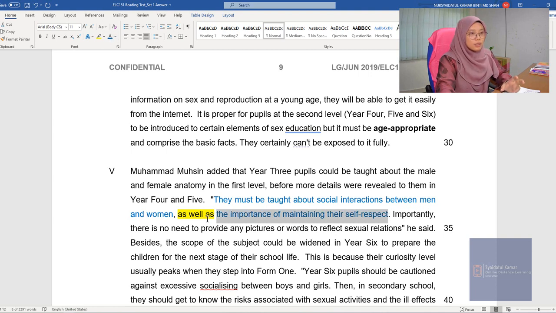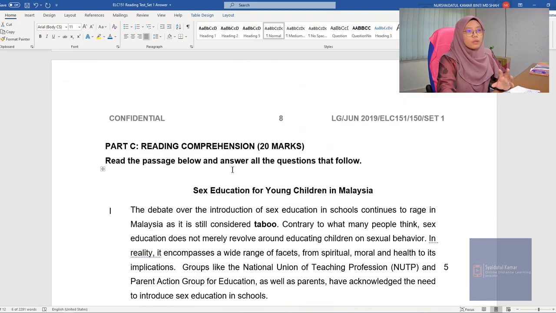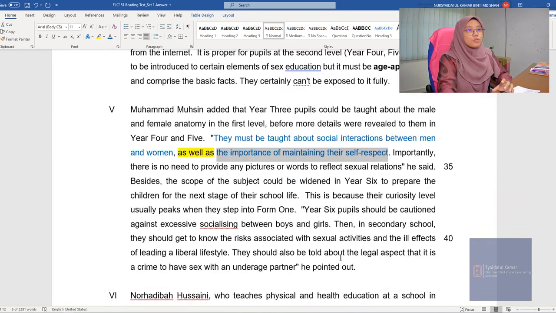These two ideas are still supporting the same main idea. These are the two important things that must be taught to children about sex education in schools.